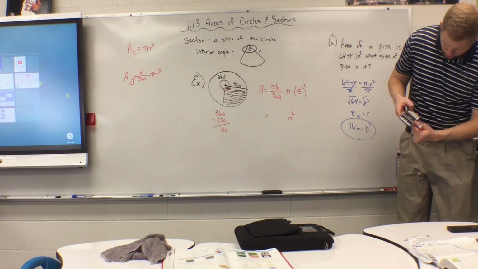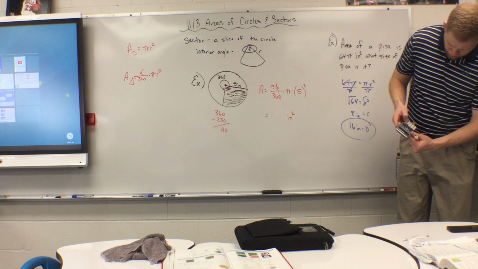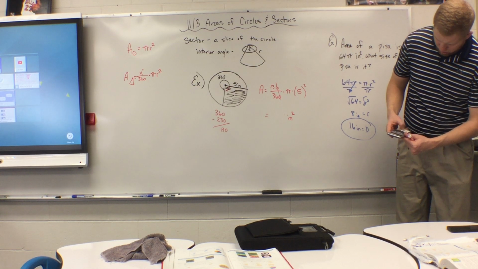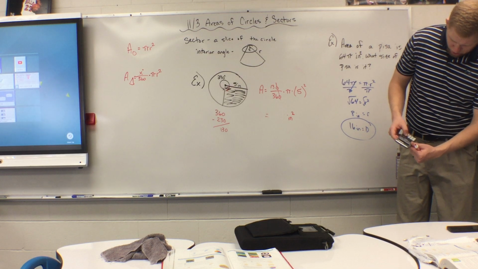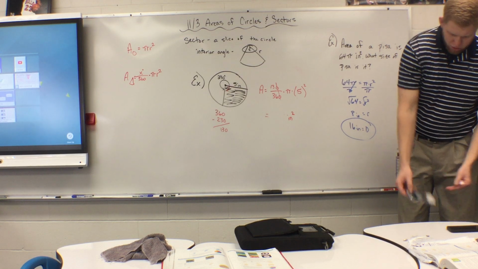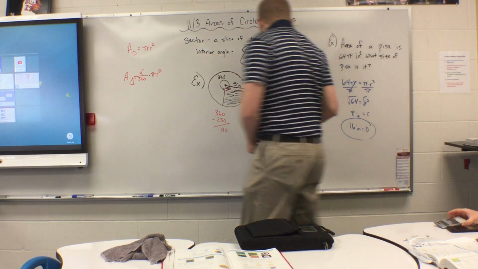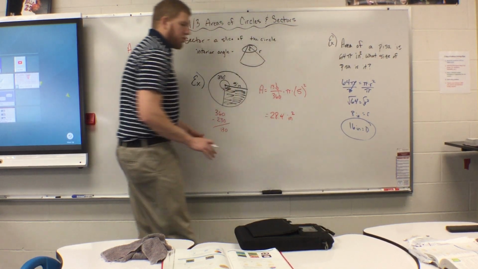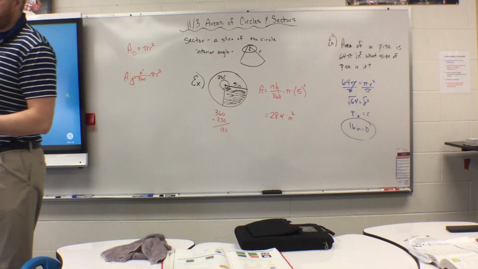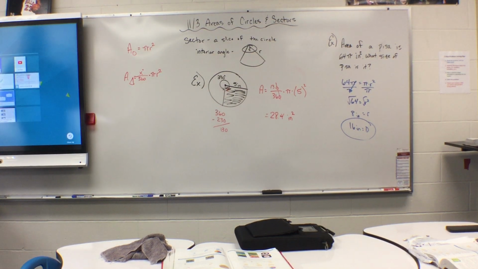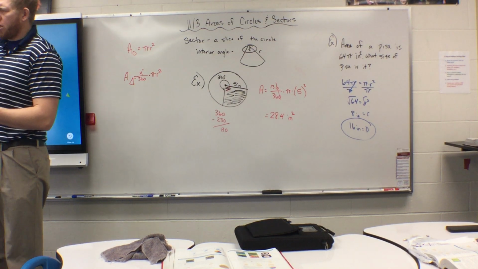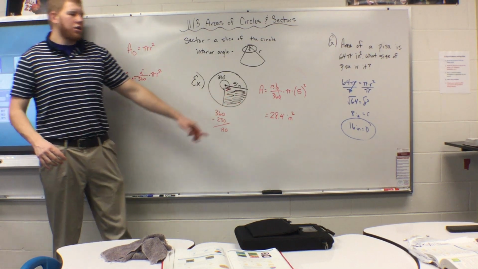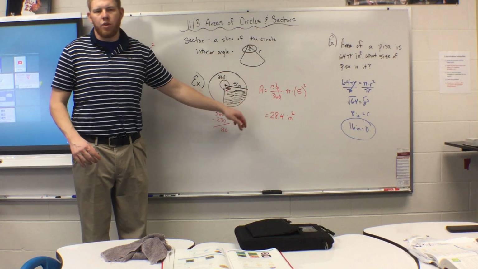Shift, equals that, divided by 36. Oh, I did 36 first. That's going to be 28.4. We came up with 28.4. Is that what you said you had? You said you had 28.4? Okay, so our area here should be 28.4 inches squared.